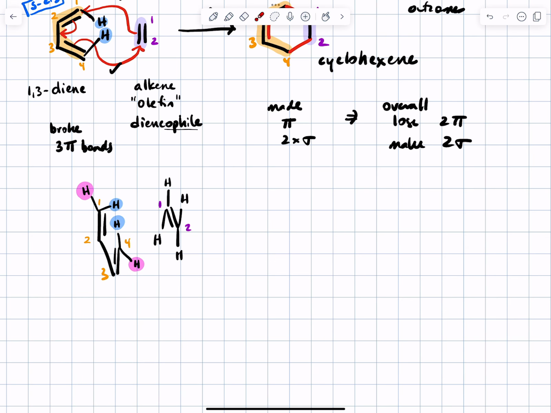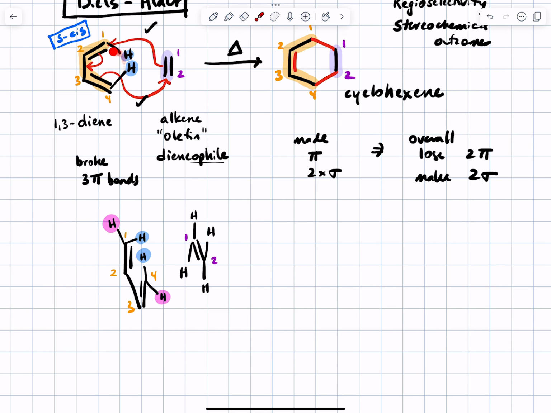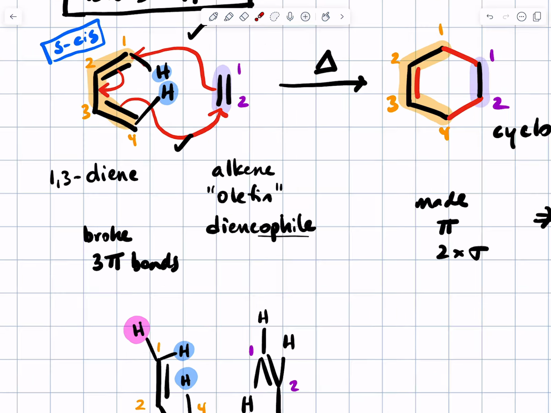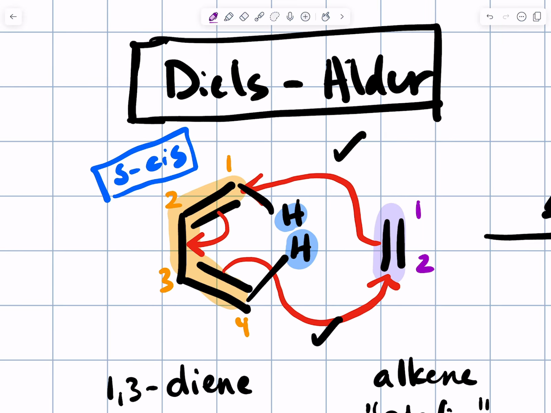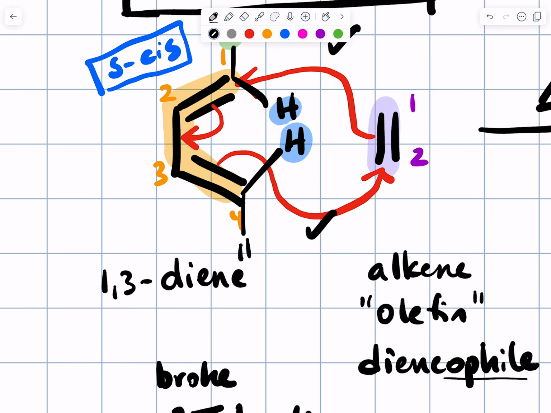I want you to pay attention to the fact that when the diene is in the S-cis conformation, there are two different environments for the substituents or groups that are on carbons 1 and 4. You have groups in blue that are pointing inward, and groups in green that are pointing outward.